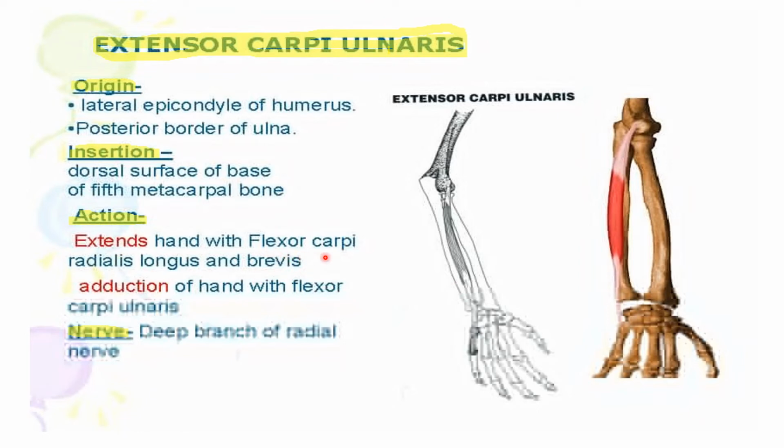With the extensor carpi radialis longus and brevis, it causes extension of the hand at the wrist joint, and it causes adduction of the hand at the wrist joint, and the nerve is the deep branch of the radial nerve. So like the extensor carpi radialis longus, it is also necessary when clenching the fist.